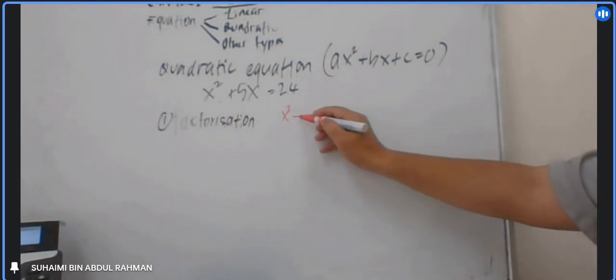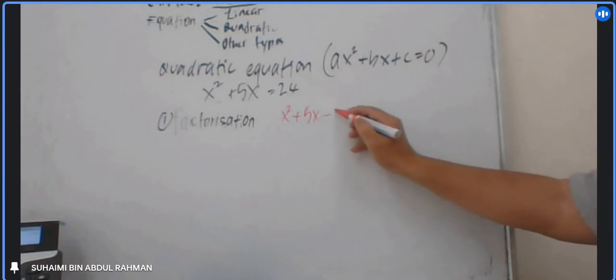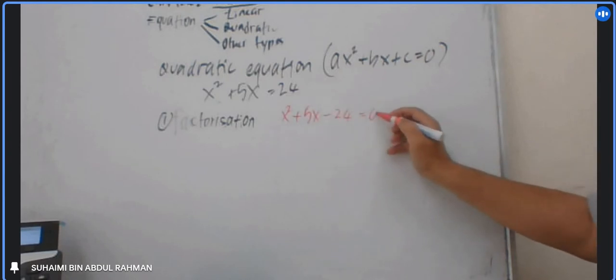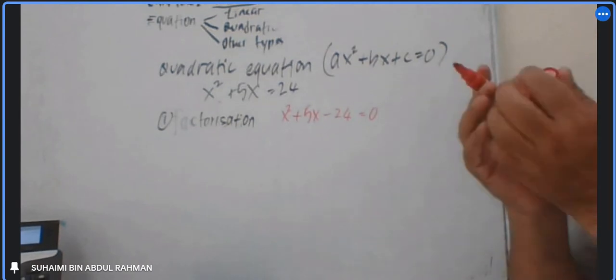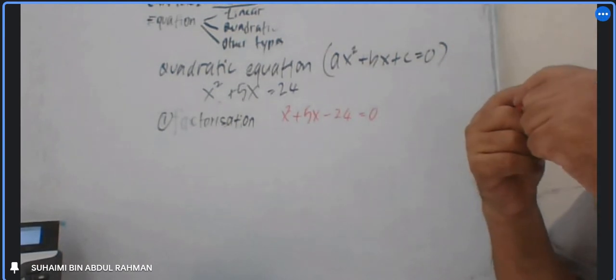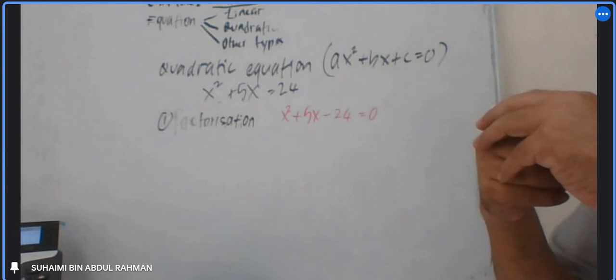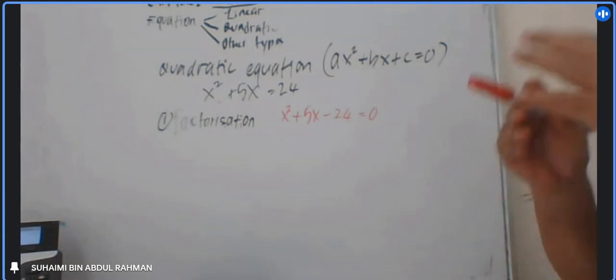x squared plus 5x minus 24 equal to 0. We write in general form of quadratic equation. Now we factor.